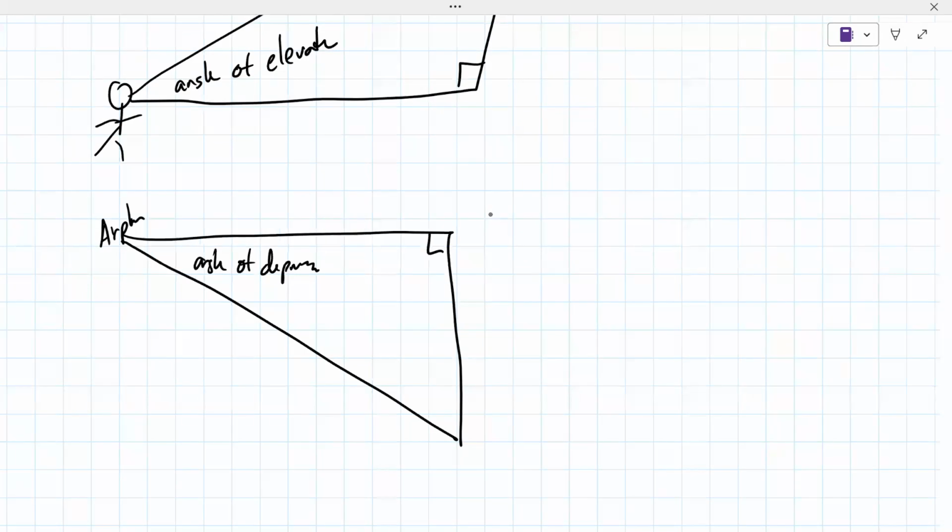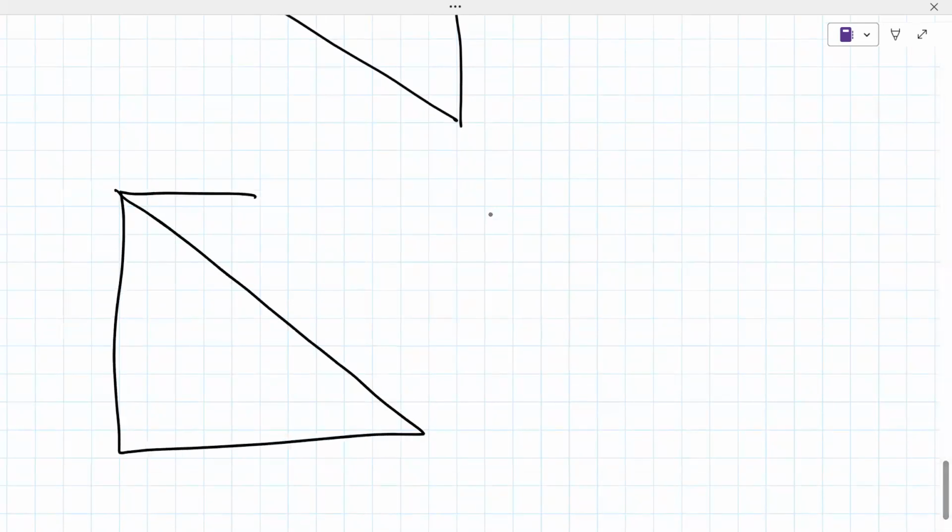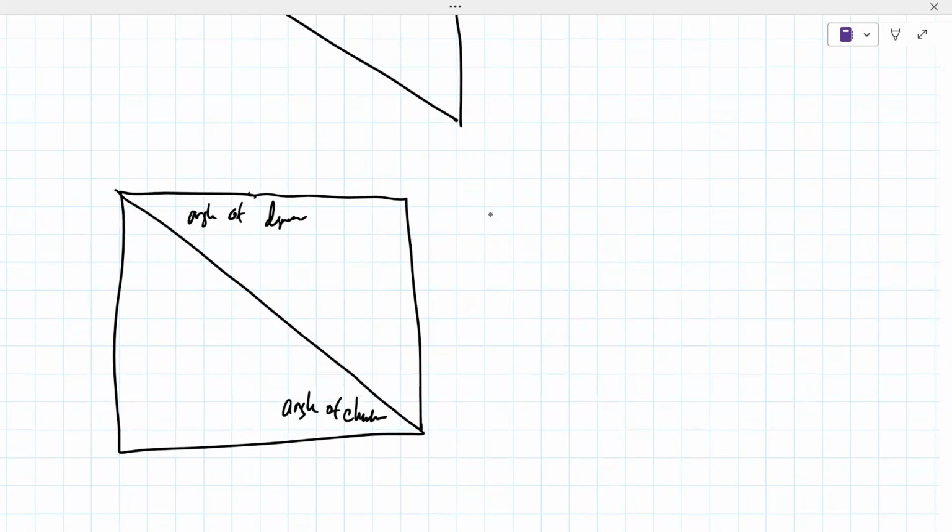Okay. And the reason you might need to know all this is because if you combine them in a picture, like let's say there's something looking, this is your picture. Sorry, so let's say this is the angle of depression up here. This other angle is the angle of elevation, and they are exactly the same. So these are actually the same.